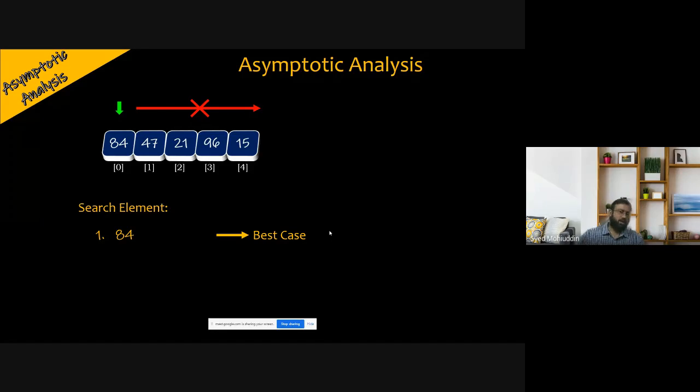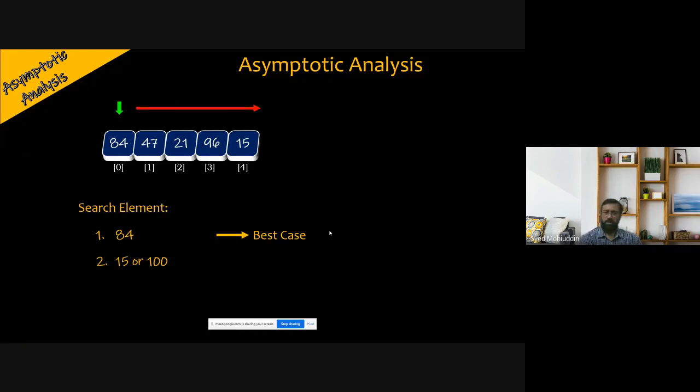So any algorithm will have three things. First one is the best case. Then suppose I have to find element 15 or, in this case, as an example, 15 or 100. Now I have to use the same procedure, starting from the first element. I have 84, but my key is 15 or 100. Let's take 15.